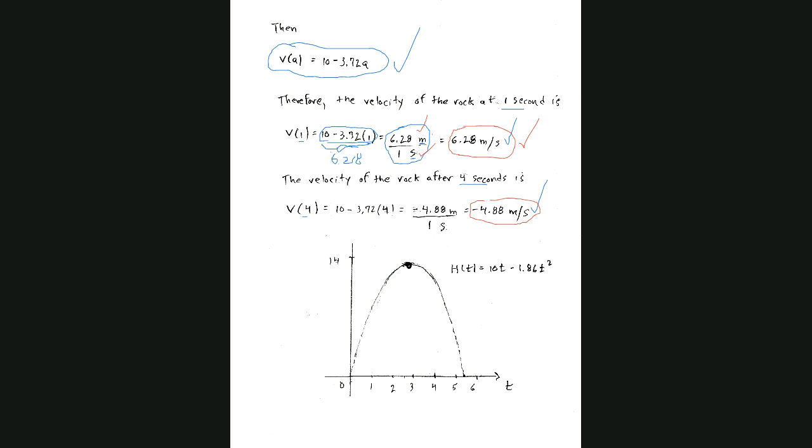So, for instance, at 1 second, I've drawn a picture of our height function, the height of this object that was tossed up, and obviously the object goes up a certain amount and then it comes back down, right? Because you have gravity acting on it. So at t equals 1, I'm going to draw a little dot right here.